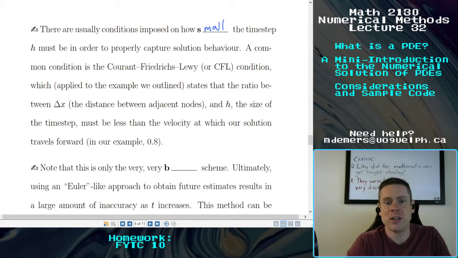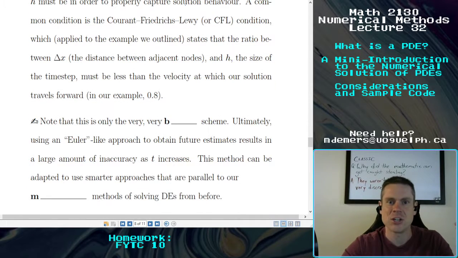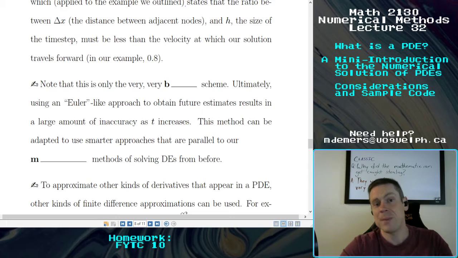You need to make sure that particular conditions are fulfilled to get reasonable approximations for these things. And a common condition that's used is this CFL condition. Courant, Friedrichs, Lewy. Nobody ever says those names or even usually knows that. People just say CFL conditions, and there are certain criteria for what those are. And there is a particular condition on the example we just did that I made sure was satisfied when I put together that code.